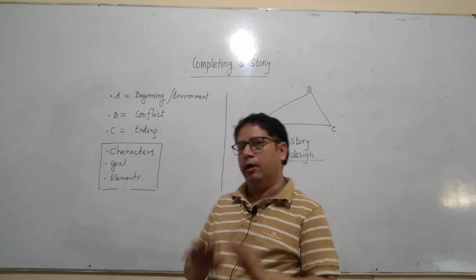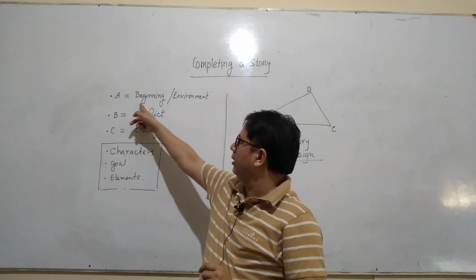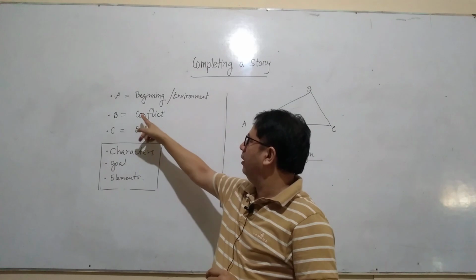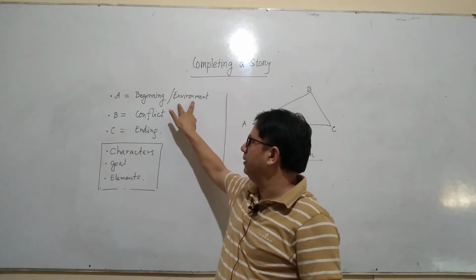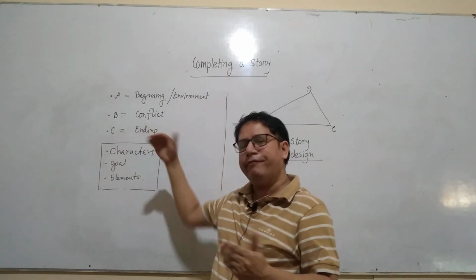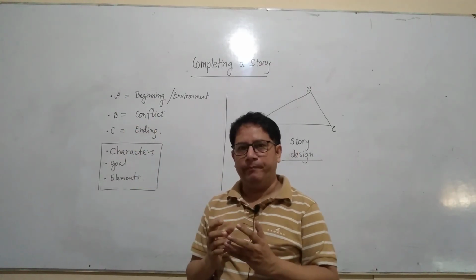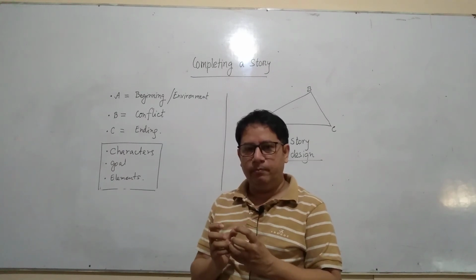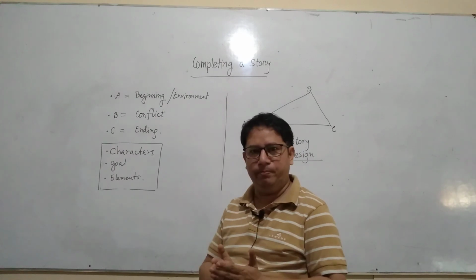First of all, every story has three parts. Number one, beginning. And with the beginning, we must have an environment. And definitely, every story has a conflict, a problem. When somebody wants to do something, there must be a problem.